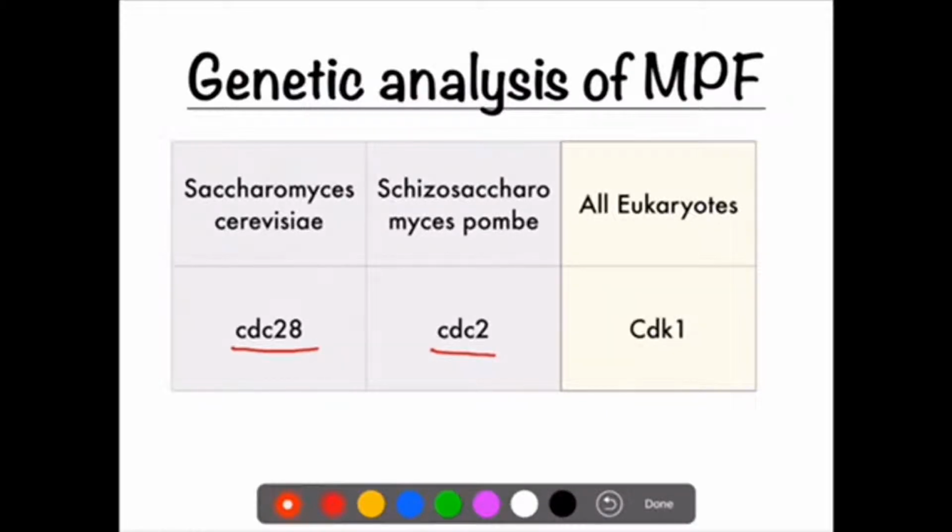In all remaining eukaryotes, the maturation promoting factor is named CDK1.